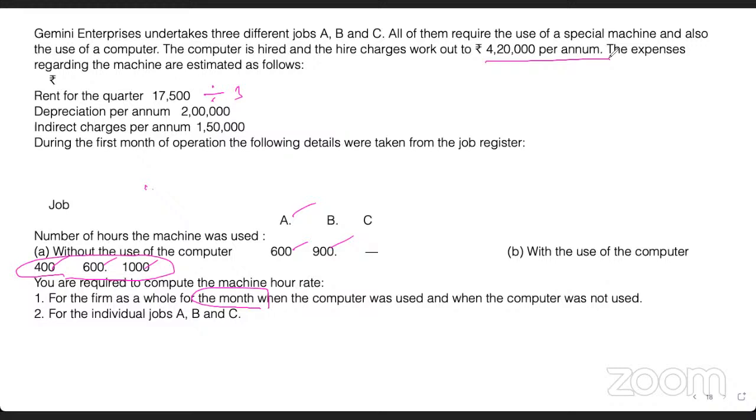Therefore, machine hour rate with the use of computer is equal to 10 plus 17.5, which is 27.5 per hour. Good. Any doubt?